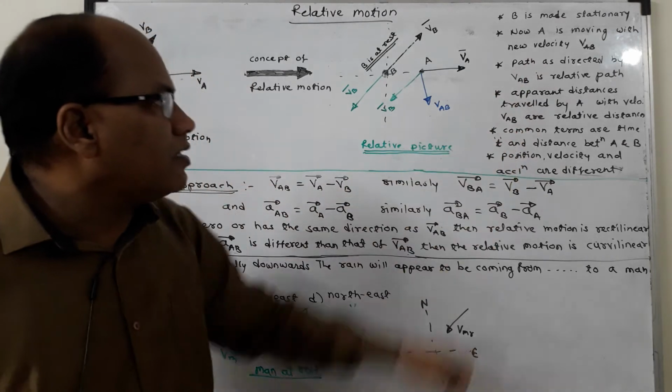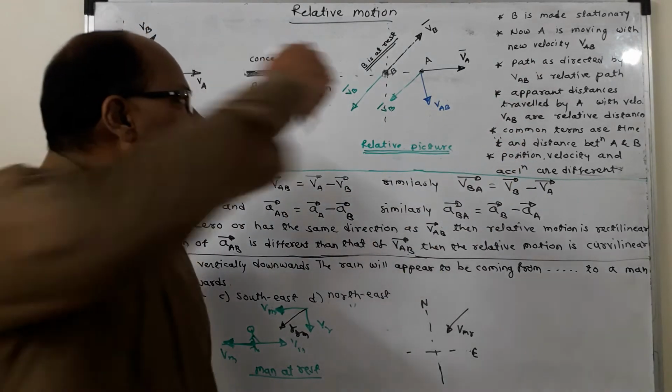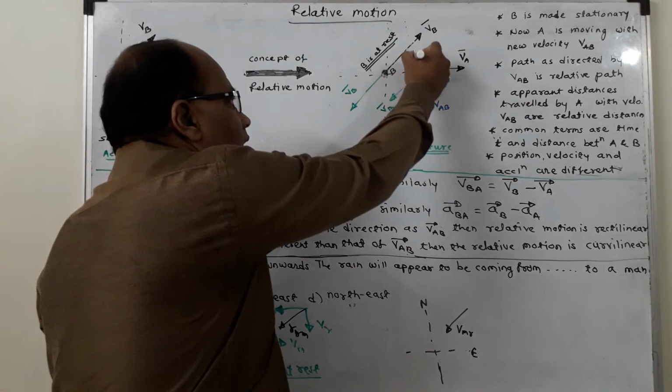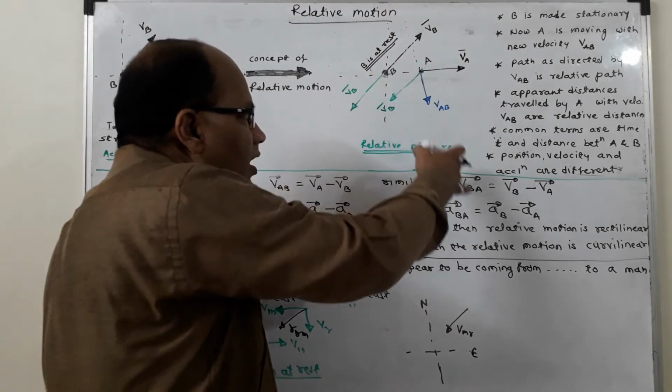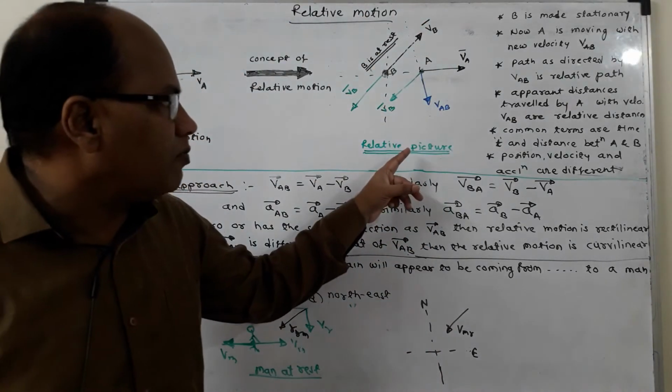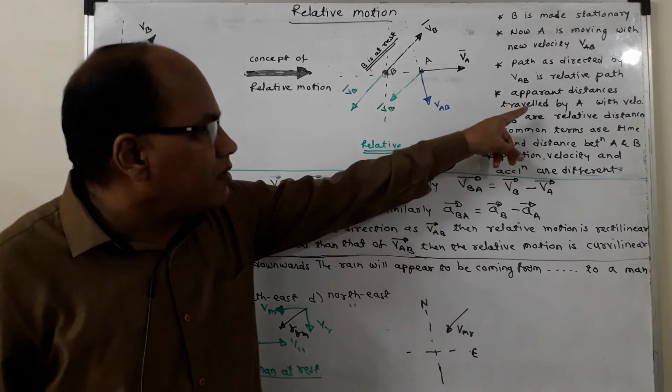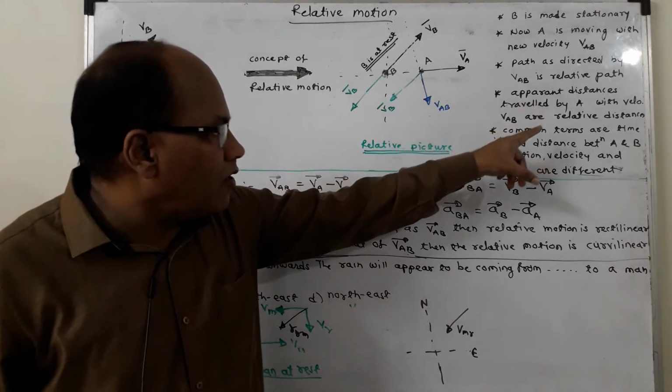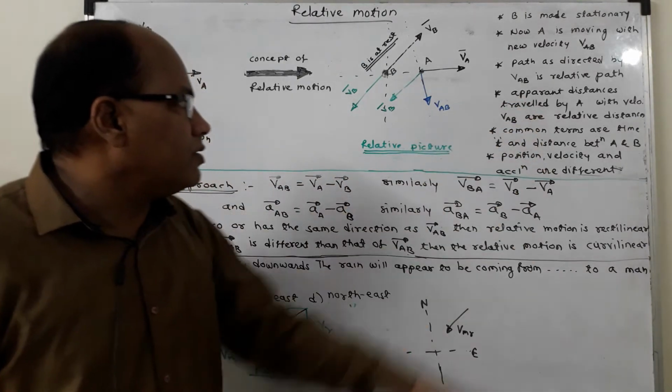The path as directed by VAB is the relative path. So this is the actual path along which body A is supposed to move in this relative picture. The apparent distances travelled by A with velocity VAB are relative distances.